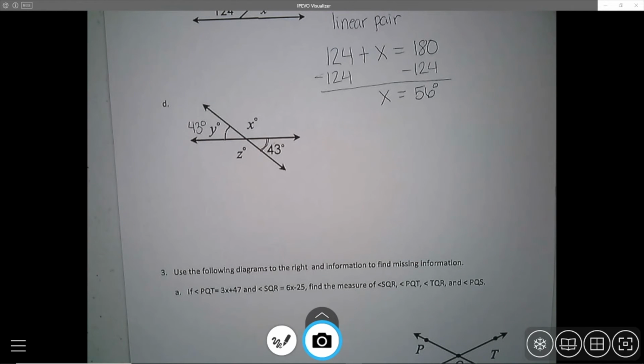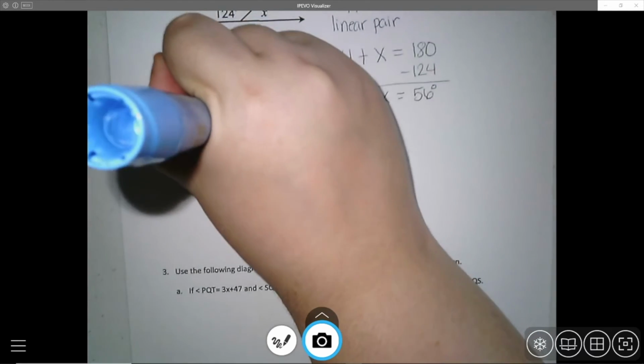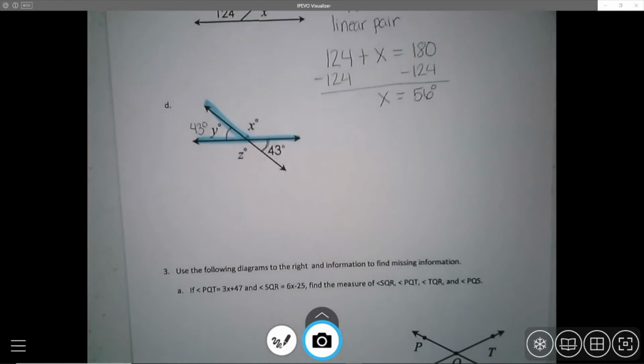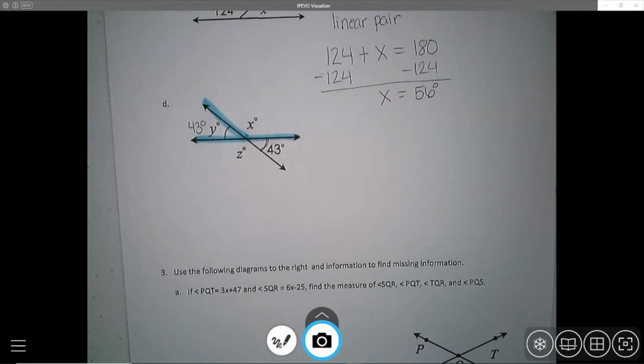Now, after vertical angles, look for angles that create straight lines, or they're supplementary. Because we know angles that form straight lines or supplementary, they add up to be 180 degrees. So right here, I see a straight line, and it's separated into y and x. I already know what y is. It's 43 degrees.